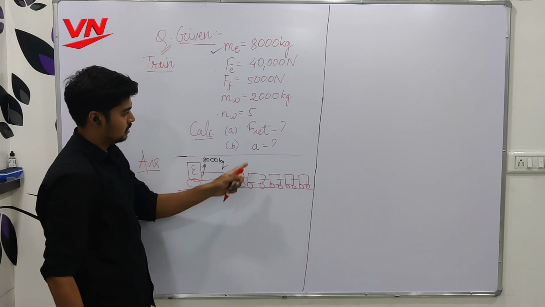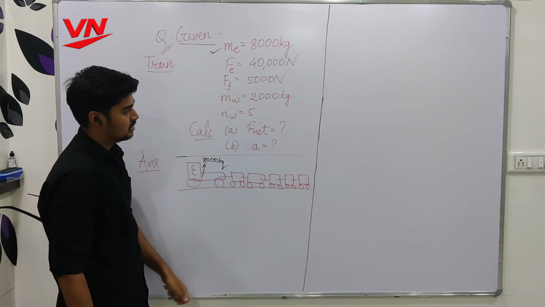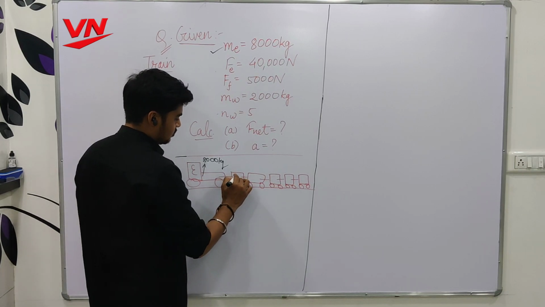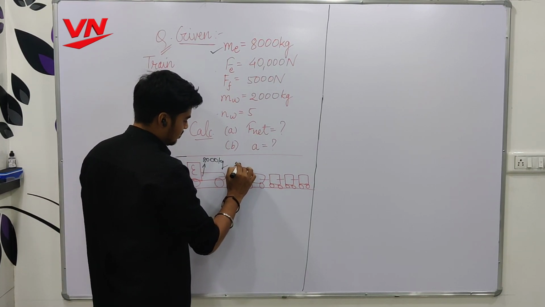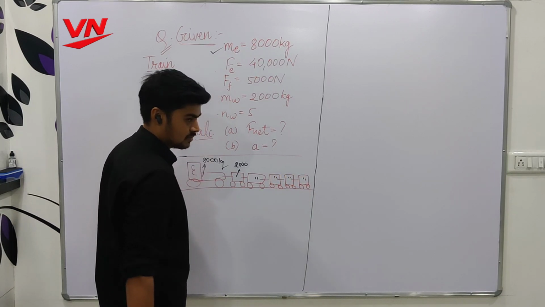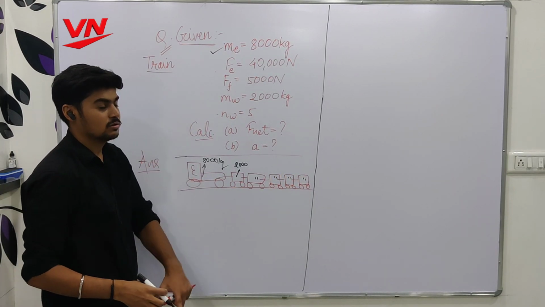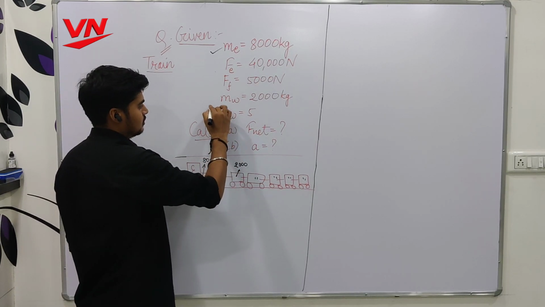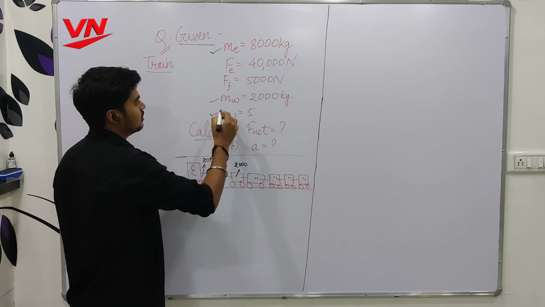Mass of the wagon is 2000 kg. And in total how many wagons are there? 5. So one has 2000, and each has the same mass. If I ask you what will be the total mass of the wagons, you will multiply 2000 with 5. Clear? That is also understood.